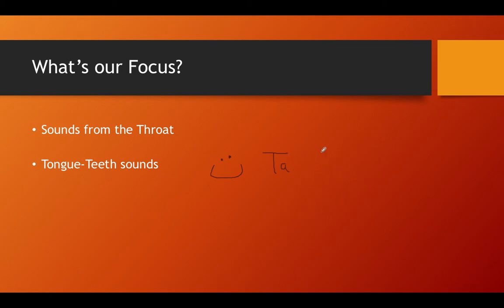You want to use the tip of your tongue to touch your teeth to say ta. It's almost like you're spitting, but that's the only helpful analogy you could get by pronouncing the T and the D. The same thing goes with D sounds in the Arabic alphabet. If you have the letter dal, you're not going to say dal as in the dish dal, but you're going to say dal, da. You're making a d sound.